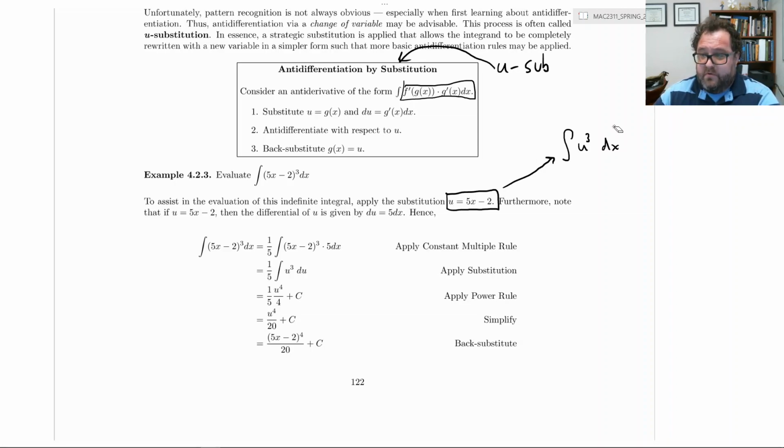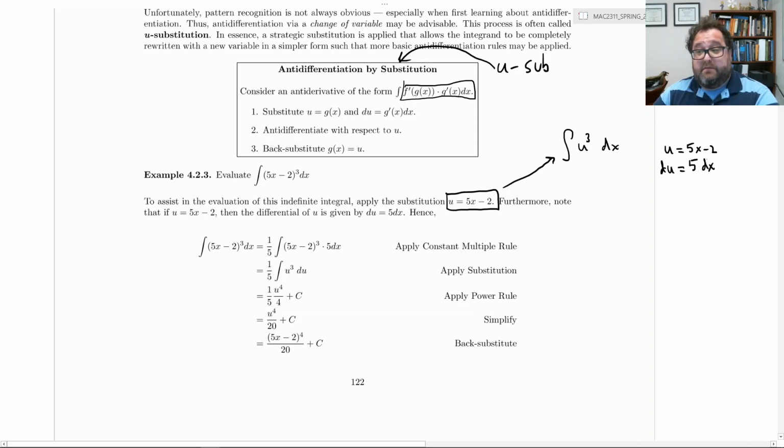Here's what we do. If my substitution is u equals 5x minus 2, I find the differential of u. That is, I take the derivative of both sides, and I get du equals what? 5, but I write it in differential form.